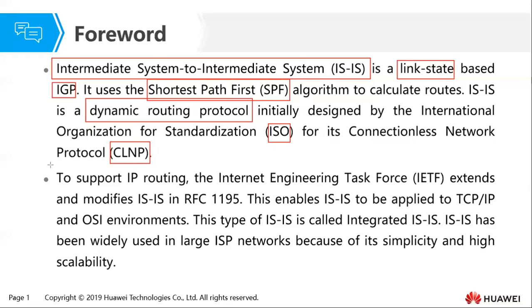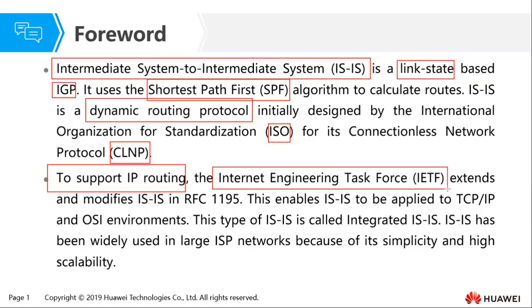Now, in order to support IP routing, IS-IS was tweaked by the Internet Engineering Task Force, and it was extended and modified in Request for Comment 1195, RFC 1195. This enables IS-IS to be applied to TCP/IP and OSI environments.